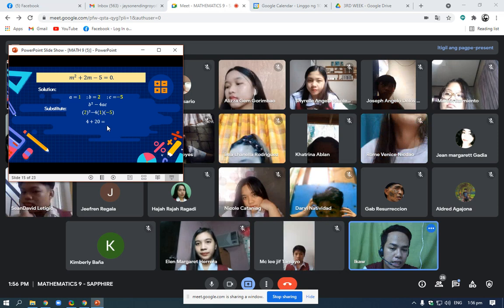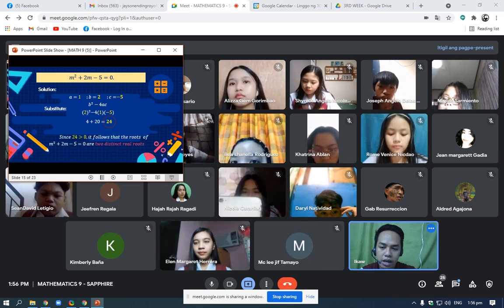Then, as we observe, since 24 is greater than 0, it follows that the roots of m squared plus 2m minus 5 equals 0 has two distinct real solutions. Tama po ba? Balikan lang natin yung table natin kanina.